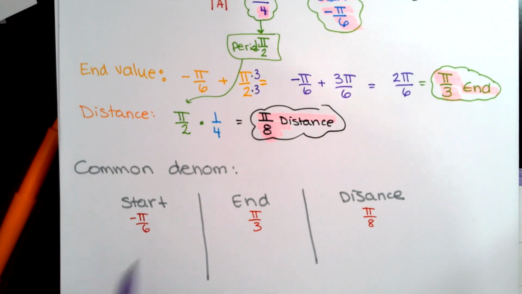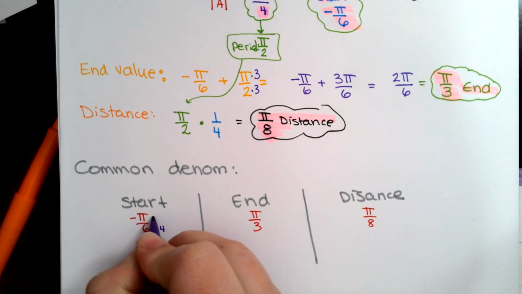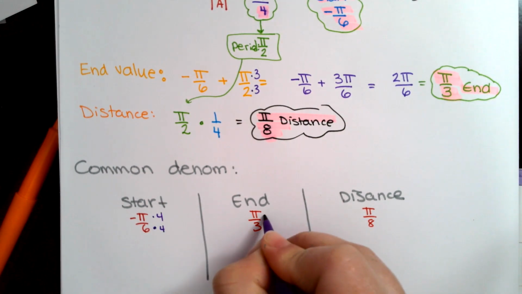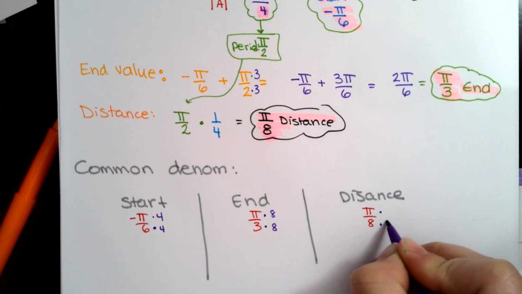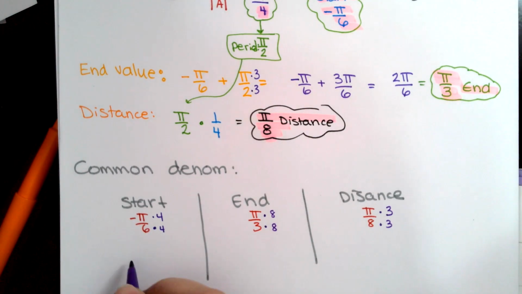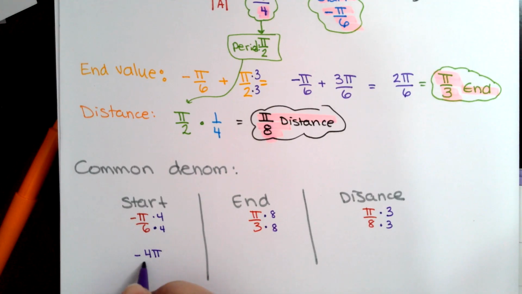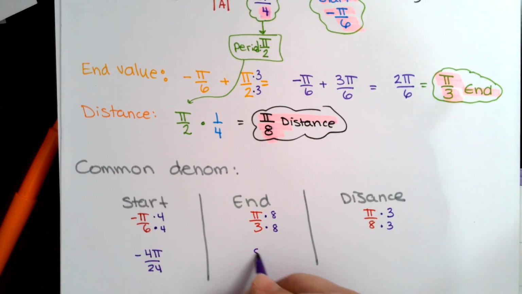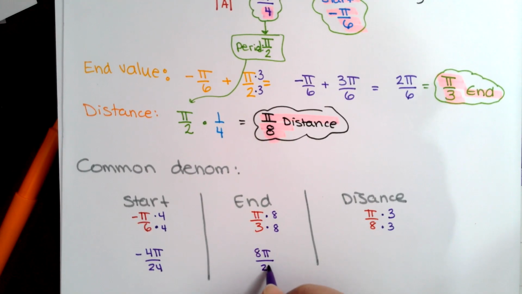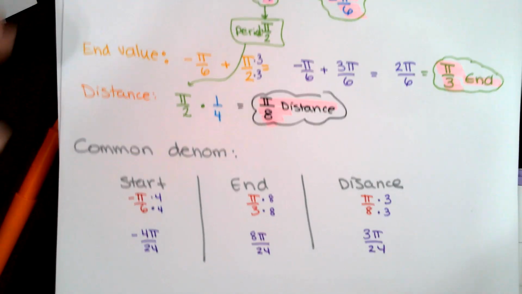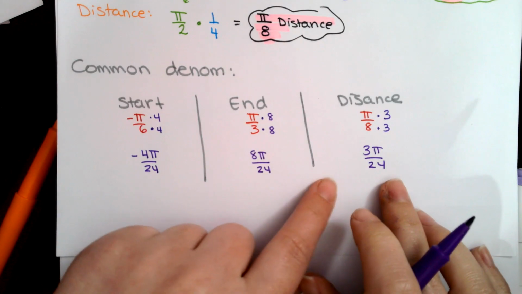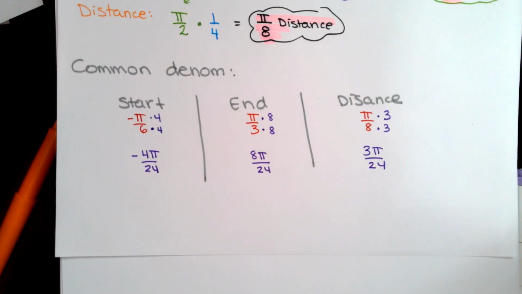So I'm going to be multiplying here by 4, here by 8, and here by 3. So we get negative 4 pi over 24. Here we get 8 pi over 24. And here we have 3 pi over 24. So these are the values that I'm going to be using and then re-simplifying later.